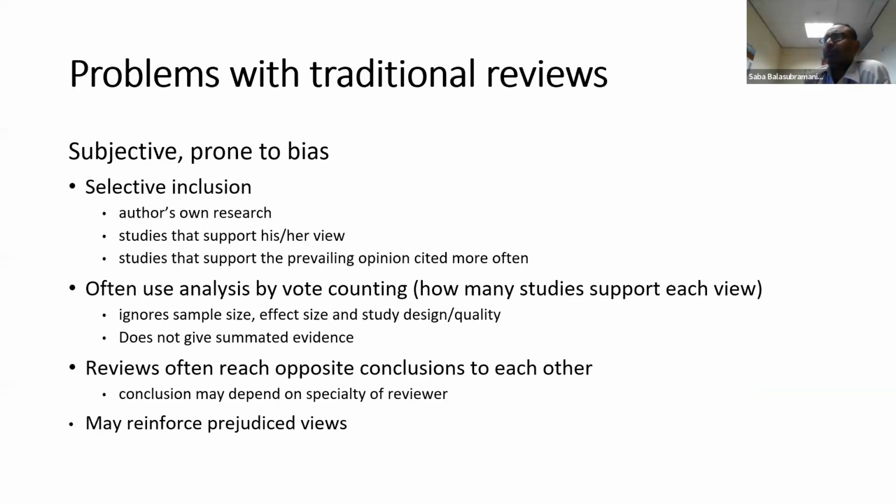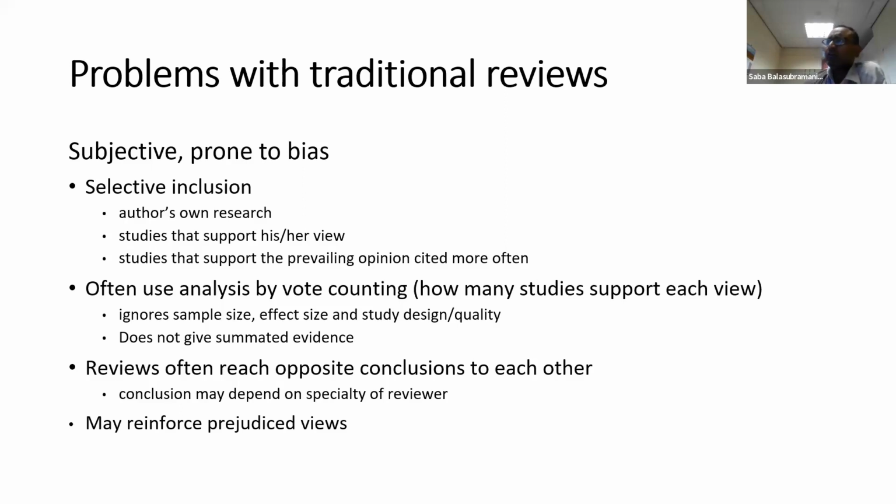Now, we've got to think about why we moved on to systematic reviews. The answer really is the numerous problems that people have identified with traditional reviews. Traditional reviews are considered very subjective and they're prone to bias. Why? Because traditionally the authors that wrote them were known for their expertise in the field, and they used to be invited by journal editors to say, look, you're an expert on Barrett's esophagus, for example, why don't you write us a review on all the risk factors for Barrett's esophagus?